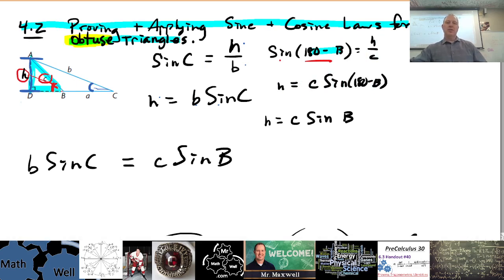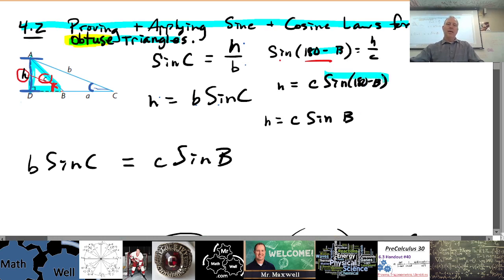And if you notice carefully, the sine of 180 minus B and the sine of B are the exact same. Okay? So I wouldn't expect you to be able to do this on your own right now, okay? But again, the large triangle that we did first was this one, with angle C, and the smaller triangle that we looked at secondly has angle 180 minus B right here.